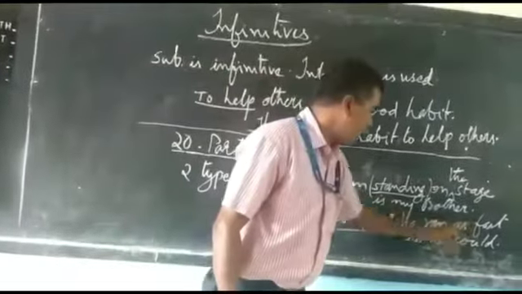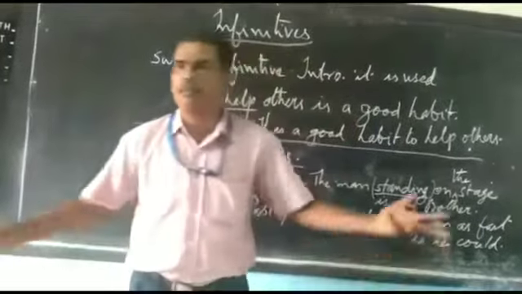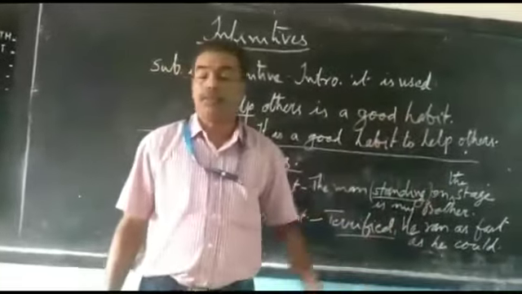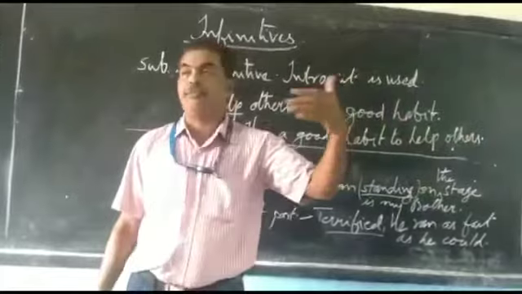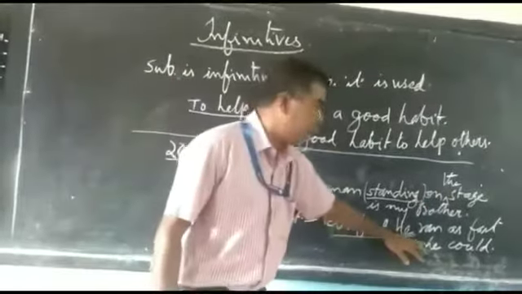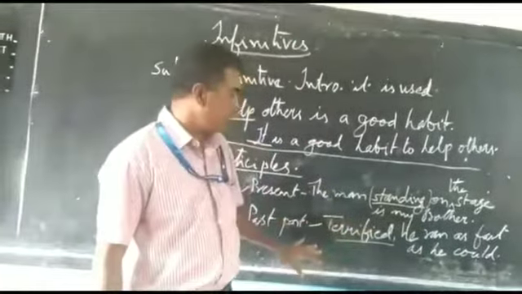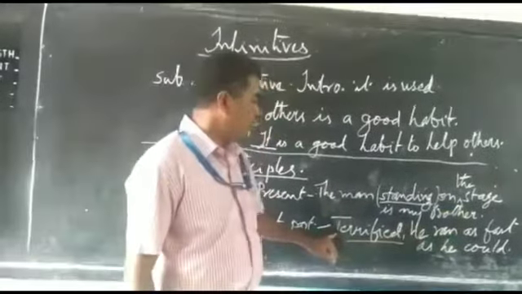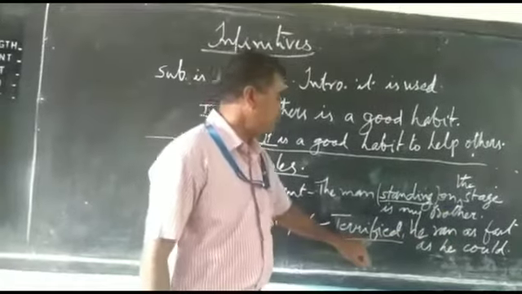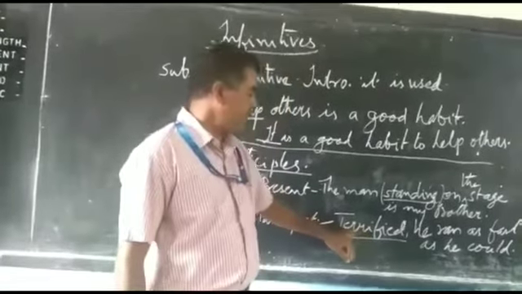"Terrified, he ran as fast as he could." Seeing something, or think of a thief going somewhere, he sees a group of policemen coming, and he runs as fast as he could. So, terrified is the past participle used here.